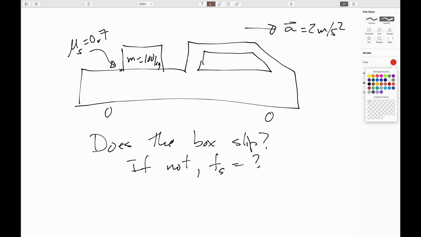So, all right, let's do our force identification diagram here. And we can look at this and see, going through the surface of the pickup truck bed, there'll be a normal force. And there has to be a force of static friction as well.